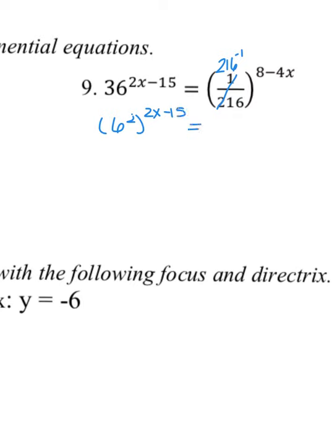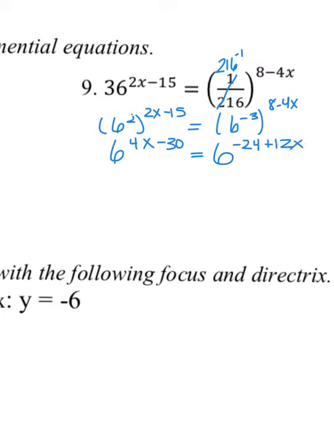And then 1 over 216 is 6 to the negative third power because it is in the denominator. It was flipped, so that's why it's negative third raised to the 8 minus 4x. So this is now 6 raised to the 4x minus 30 equals 6 raised to the negative 24 plus 12x. And that is now the equation that I'm going to solve.